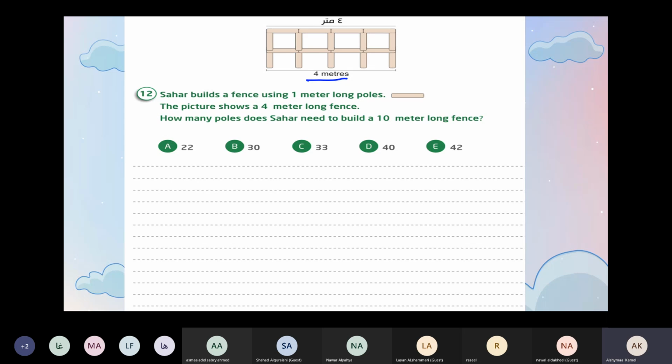Okay. So 1, 2, 3, 4, 5, 6, 7, 8, 9, 10, 11, 12, 13, 14, 15, 16, 17, 18. The 4 meter fence, she will use 18 poles, okay? If she will complete it to 10 meters, how many poles does she need?